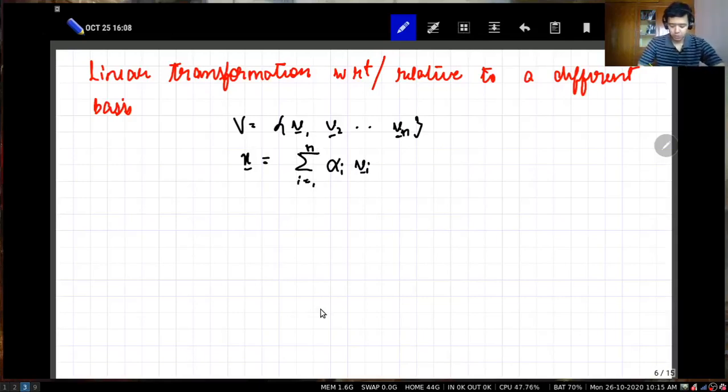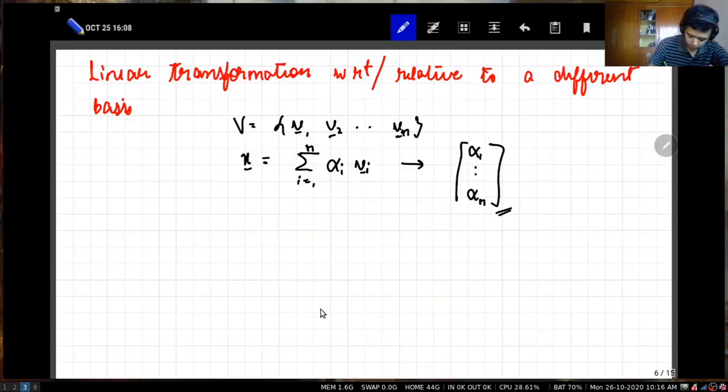So relative to this basis, this can be represented as a vector alpha 1 through alpha n, which is the coefficient vector of x corresponding to the ordered basis v1, v2 up to vn. Right? So for the same vector x, you could have different coefficient vectors depending on which basis you chose.